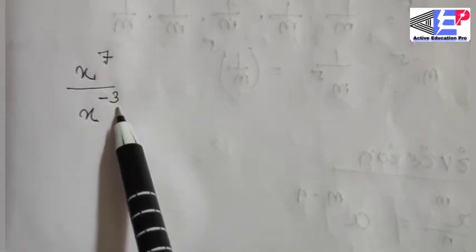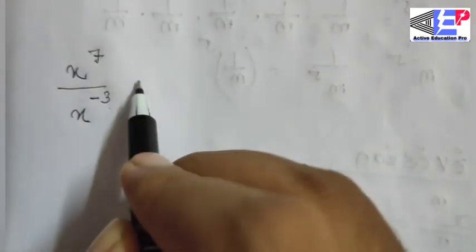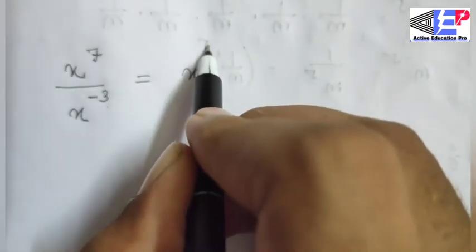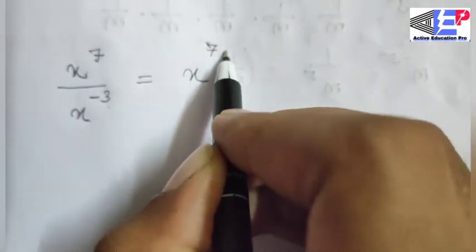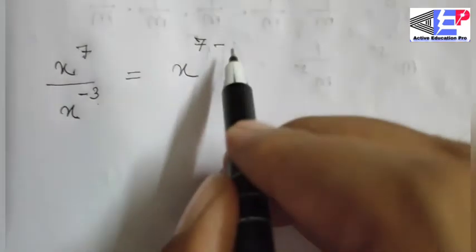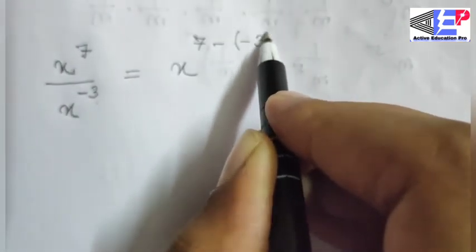But as per our division rule, the variables are the same and the powers are just to be subtracted. Just write the variable and subtract the power of denominator from the numerator. First write the power of the numerator, 7 minus, because you have to subtract. Then the power of the denominator is minus 3, so write minus 3.